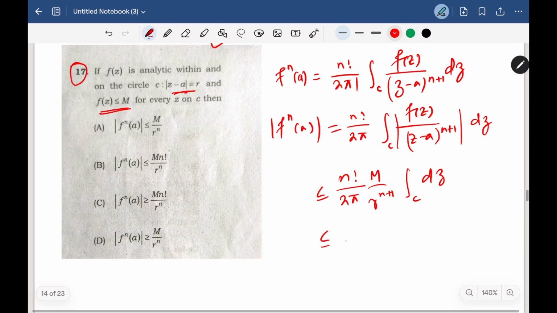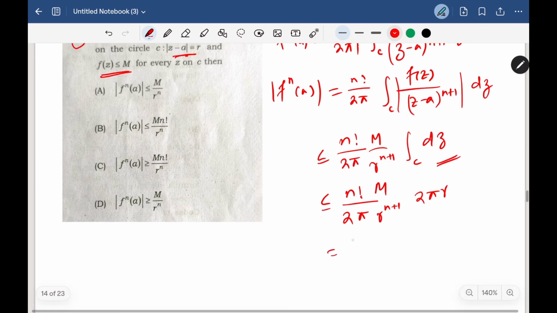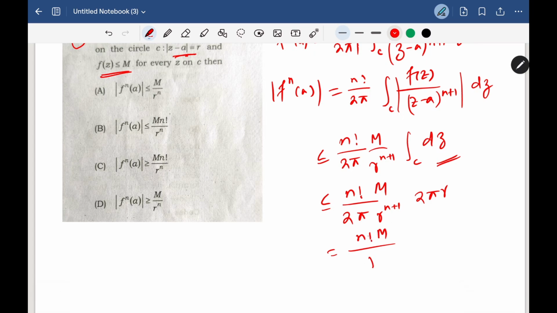So this will be less than or equal to n! divided by 2π times M over r to the power n+1, and the integral around this will be 2πr. So finally the answer will be n! M divided by r to the power n. Therefore |f^n(a)| is less than or equal to M n! divided by r to the power n. Option B will be correct.